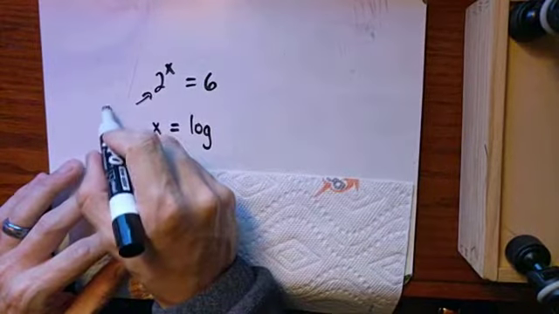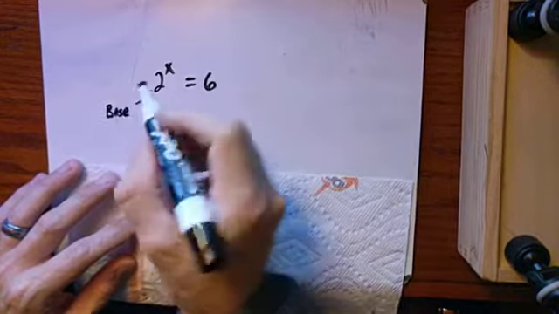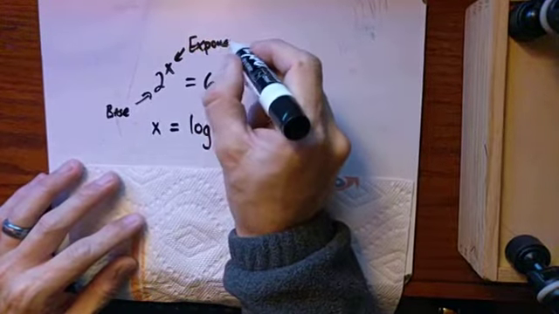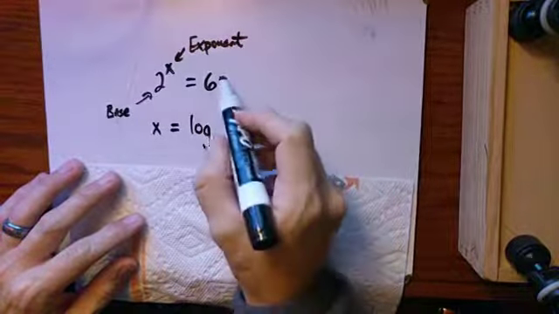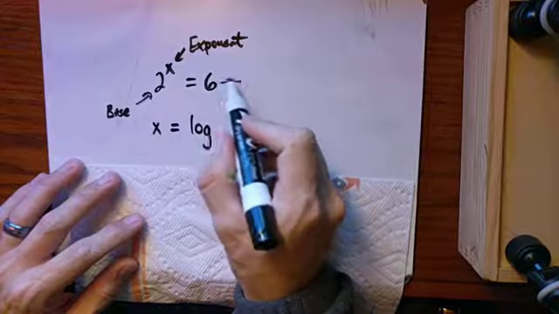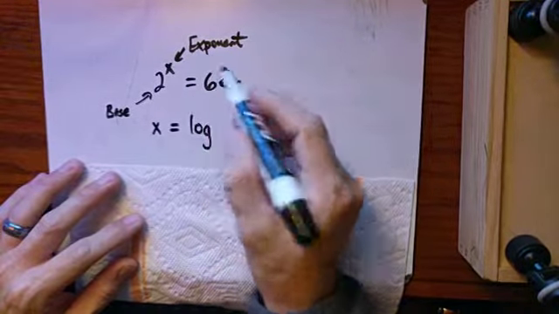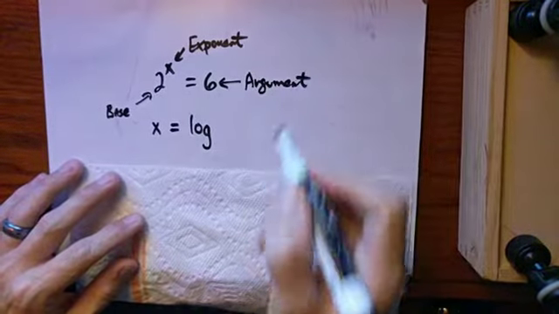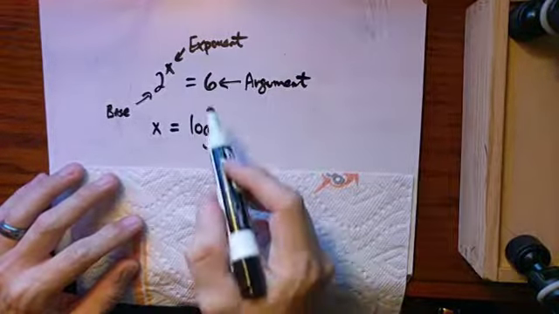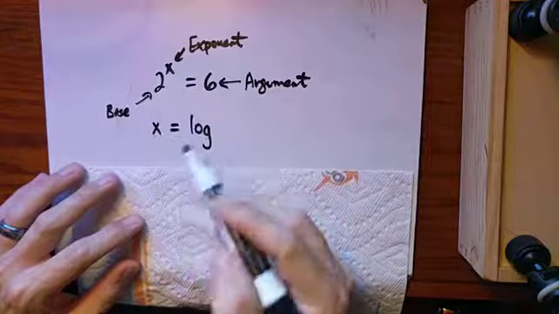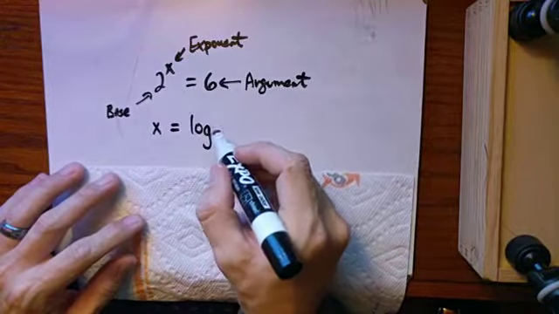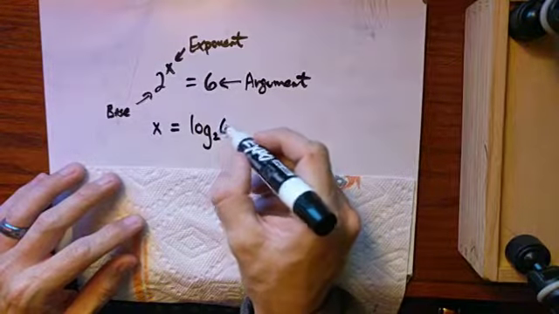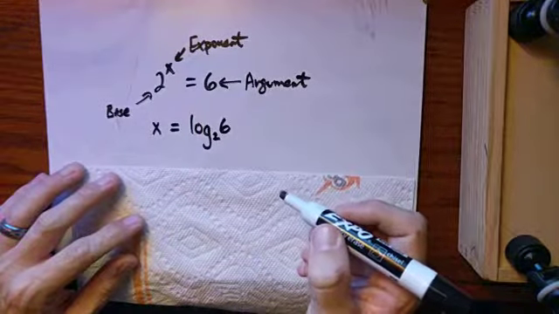So 2 is the base and x is the exponent, of course. I recently found out in the past year or two that this number here, without an exponent or with a 1 exponent, is called the argument. So the answer here becomes the input in the logarithm. The base is a little size, and the argument goes inside the logarithm like this.